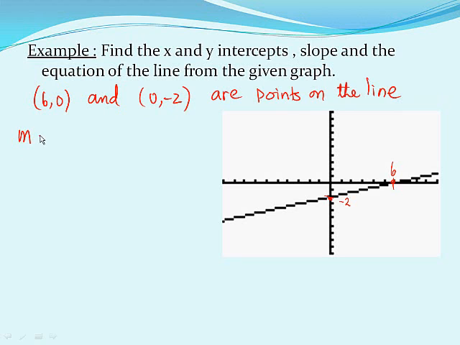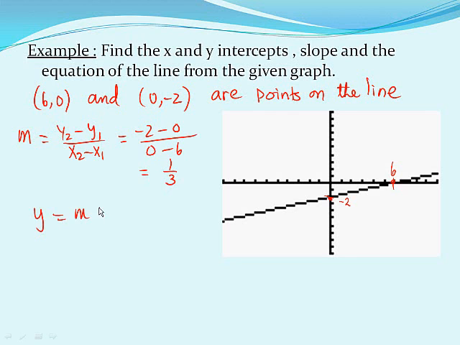Slope will be (y2 minus y1) over (x2 minus x1). So we calculate that as (negative 2 minus 0) divided by (0 minus 6). So that is calculated as 1 over 3. Once you get this slope, I can use the formula y equals mx plus b, where m is the slope, which we know is 1 by 3.